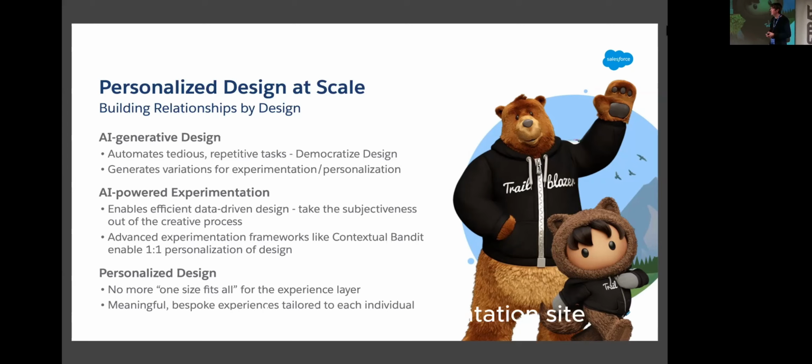And on the experimentation side, to start doing more data-driven design and take some of the subjectiveness out of the creative process. And also, had a funny story with a customer, also reduce the backseat designing.